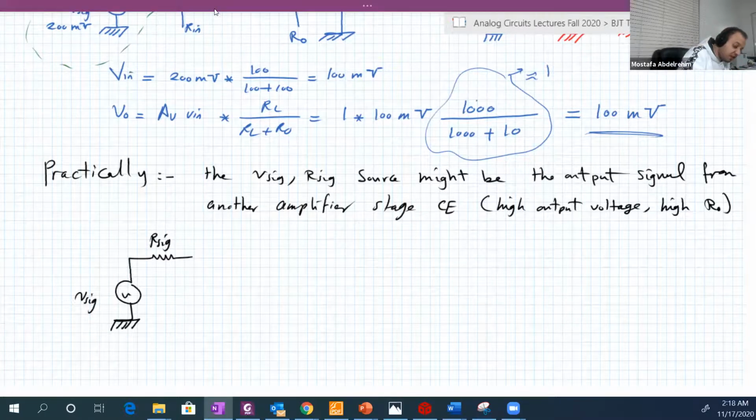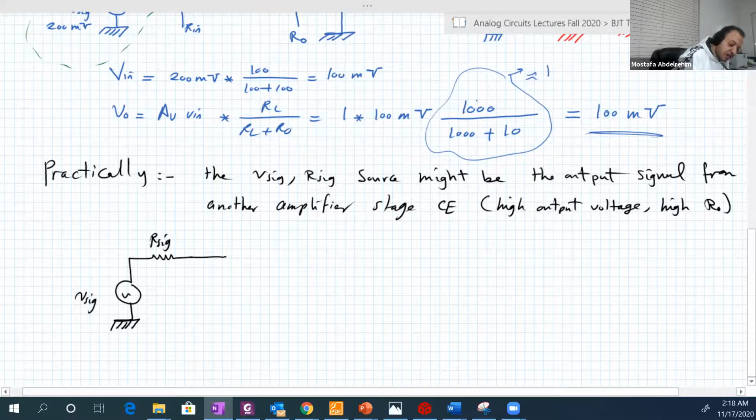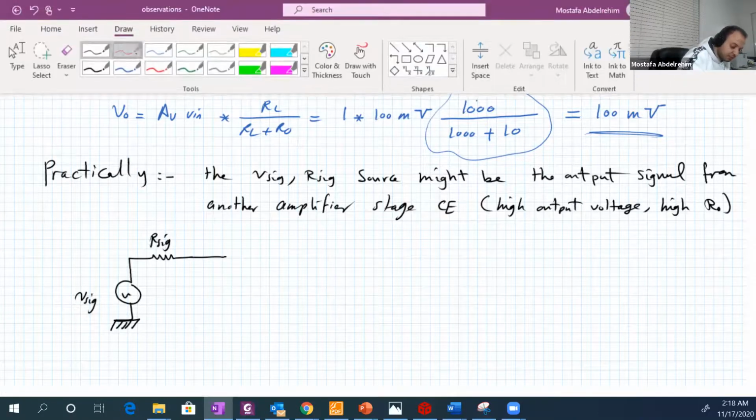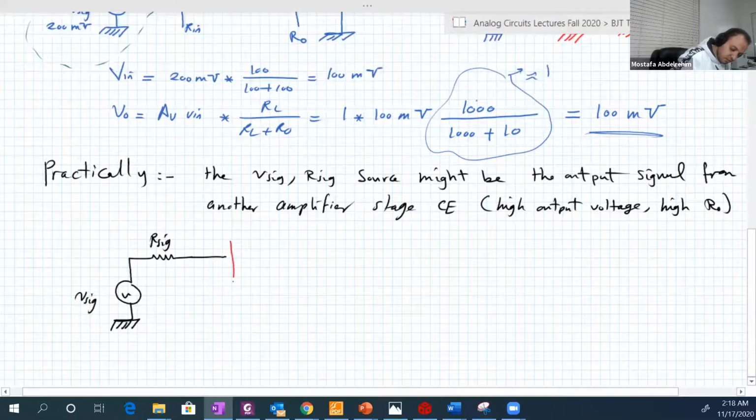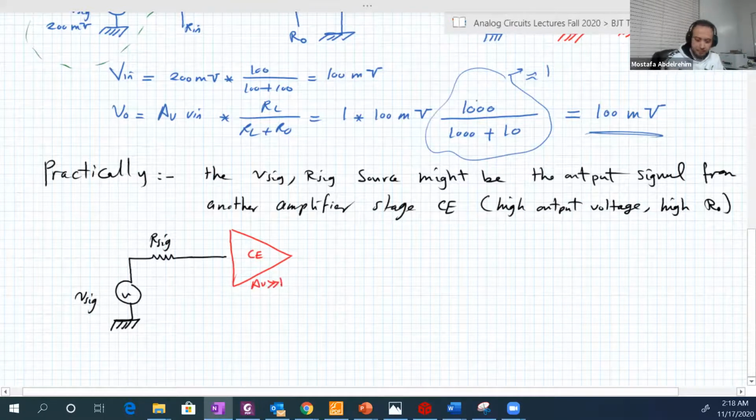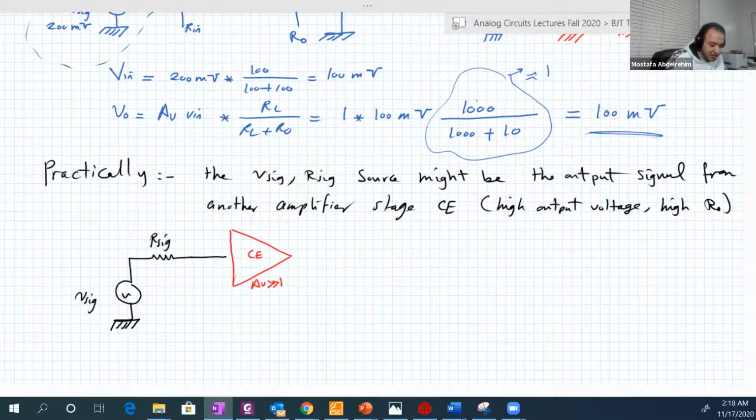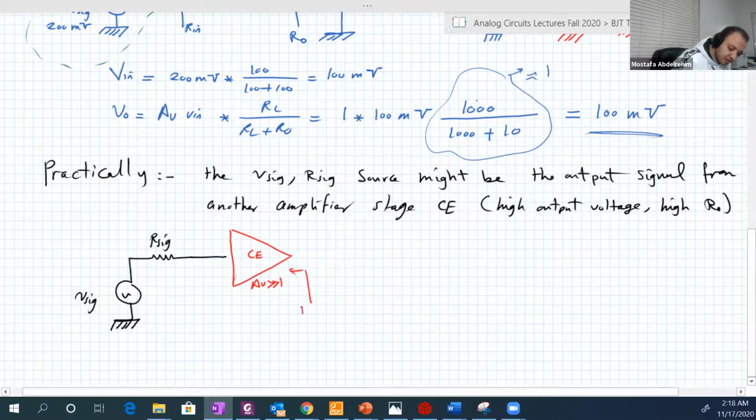Then we magnify it using the first stage, a common emitter, with AV much larger than 1. But this common emitter usually has high RO.